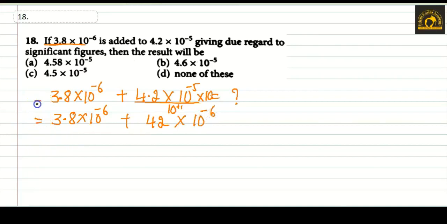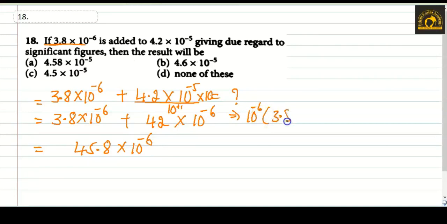So then the final answer is 42 plus 3.8, which is 45.8 into 10 to the power of minus 6. 10 to the power of minus 6 is common. Add 3.8 plus 42. Okay, 42 plus 3.8 is 45.8 into 10 to the power of minus 6.